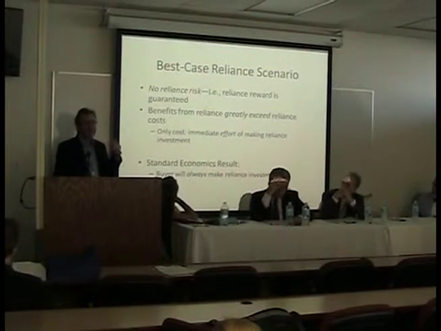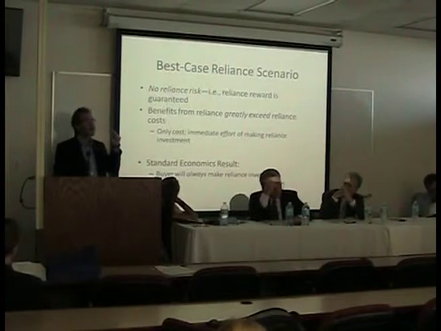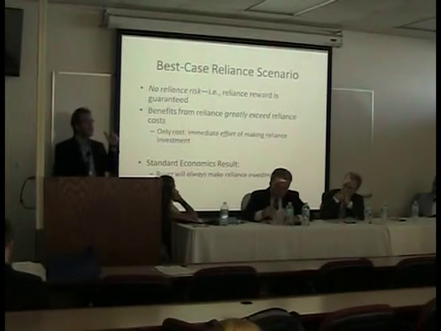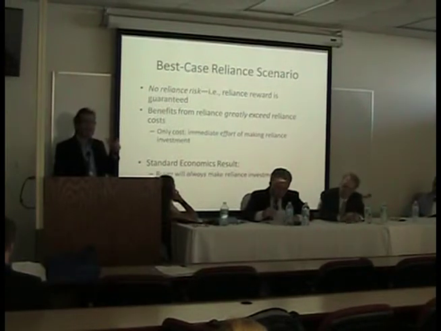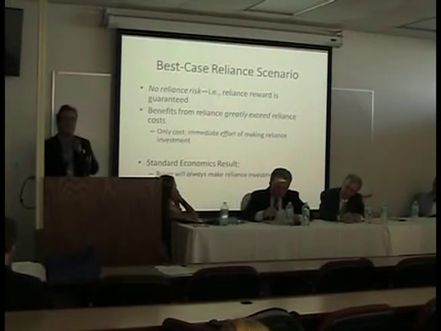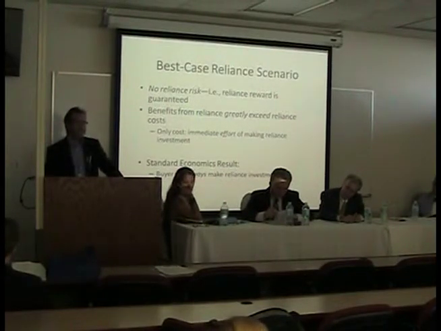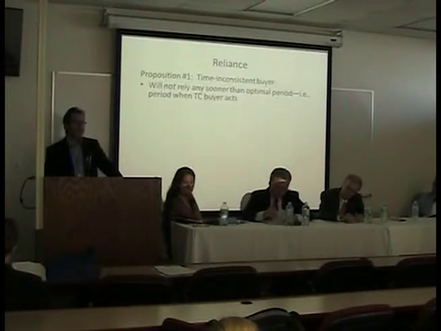But even in such a case, one can show that even if the buyer has a relatively small preference for immediate gratification, and if the buyer mispredicts by a sufficient amount their future willpower, the buyer may actually repeatedly procrastinate relying and never rely. Now, this is in a situation where there's no reliance risk, where we know with 100% certainty that the seller is going to perform.